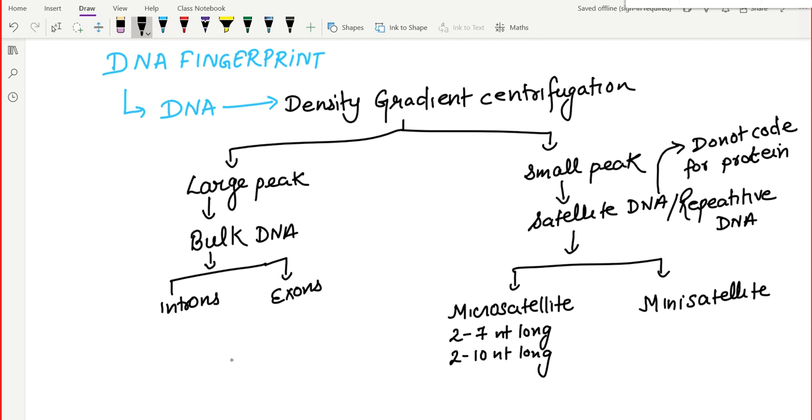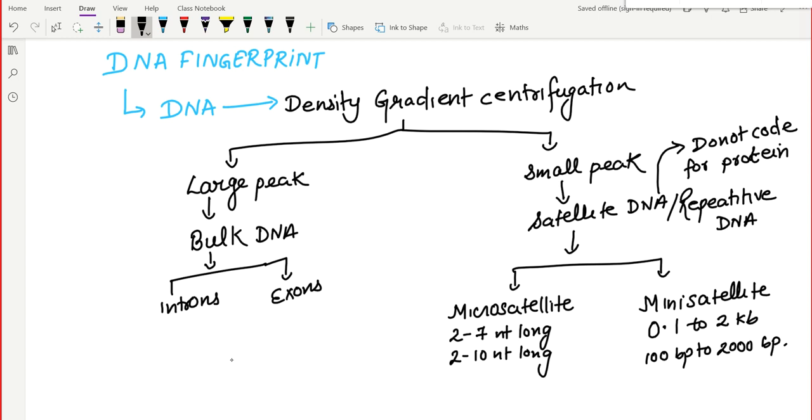They are very short sequences which are repeated many times. A minisatellite is 0.1 to 2 kilo base pair, which I can say is 100 base pair to 2000 base pair. This is the difference between micro and minisatellite DNA.